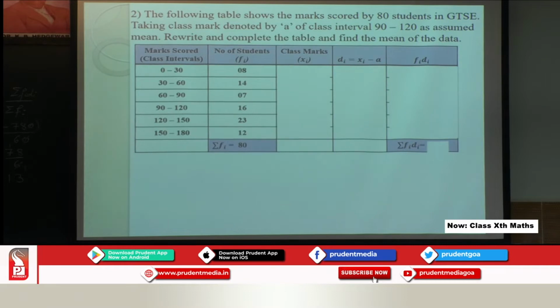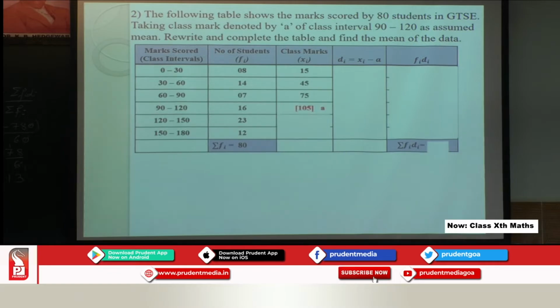The first column is xi. So how do we get xi? It is the middle point between 0 to 30. The middle number is 15, or add both the limits and divide by 2, which gives you 15. And second, 30 to 60. The same way, carry on further.